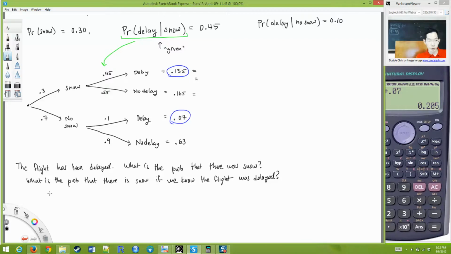Okay, well, we would write this as the probability of snow given a delay, okay?